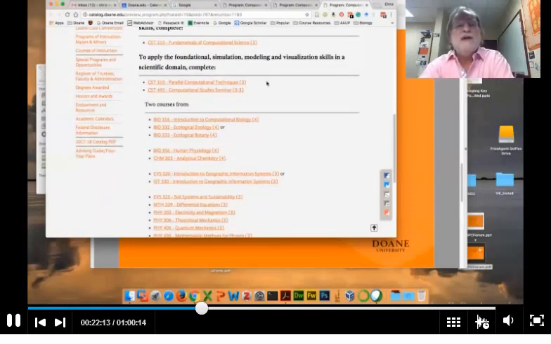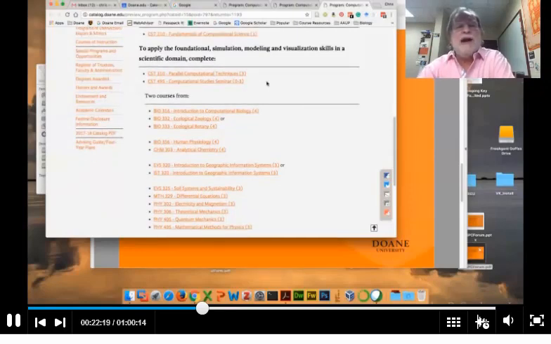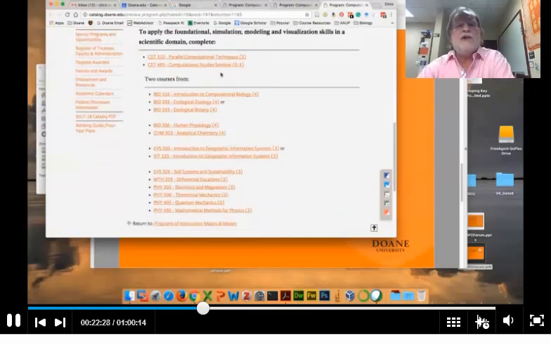Okay, after all of that foundational work, then the students are supposed to go into more applied areas. In particular, we have a parallel computational techniques class that everyone is required to take in this minor. And then there's also going to be a seminar class that they will take as seniors.